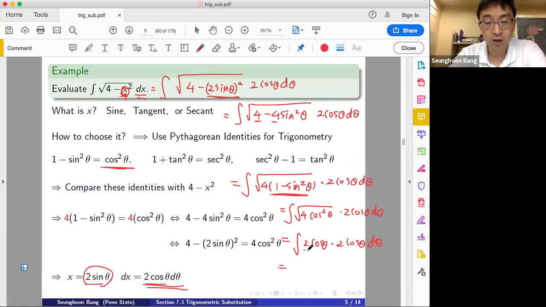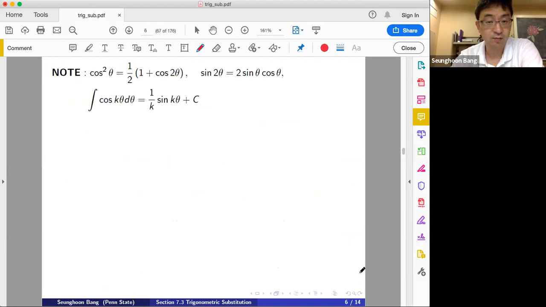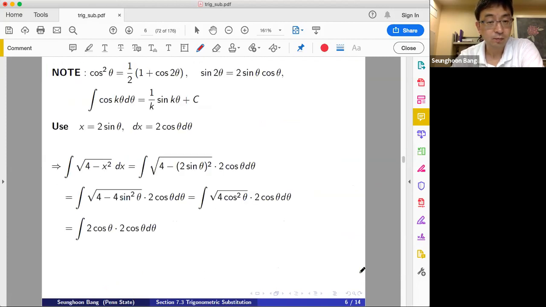We can combine: 2 times 2 is 4, and cosine times cosine is cosine square. So we can simplify to the integral of 4 times cosine square of theta d theta.